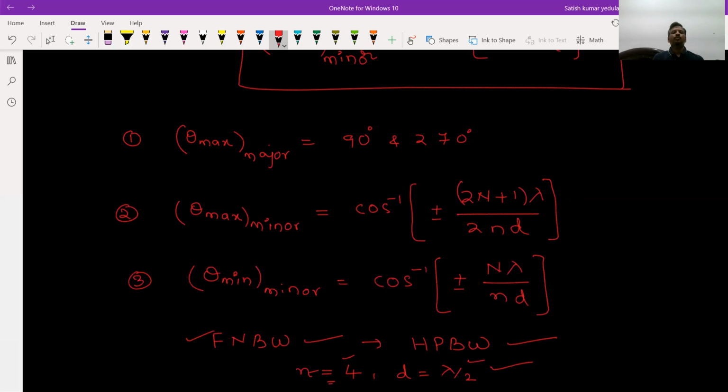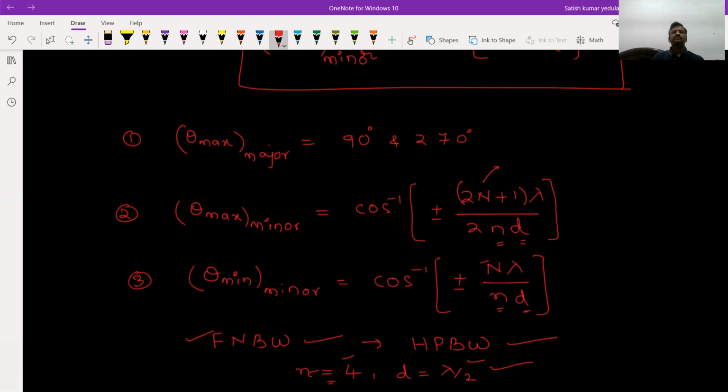In that, you will have to substitute n equal to 4 and d equal to lambda by 2, and small n equal to 1, 2, 3 like that. You will start from 0, 1, 2 like that. Or I think it's 1, right? Because it's first null direction, you have to take n equal to 1 only, it's not 0.